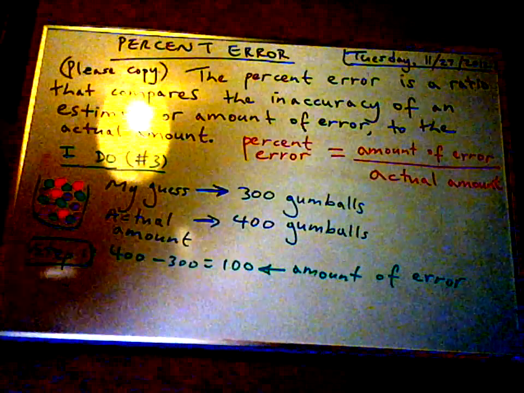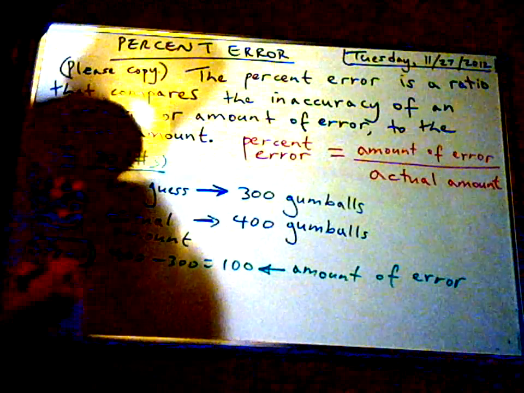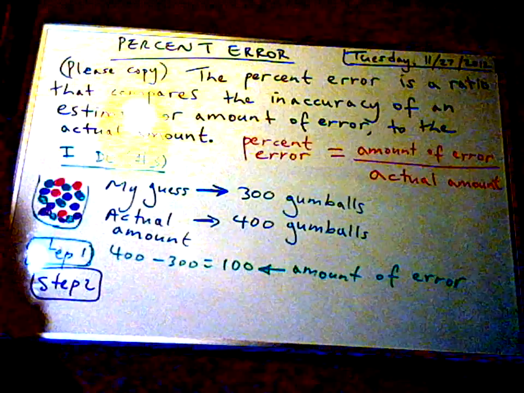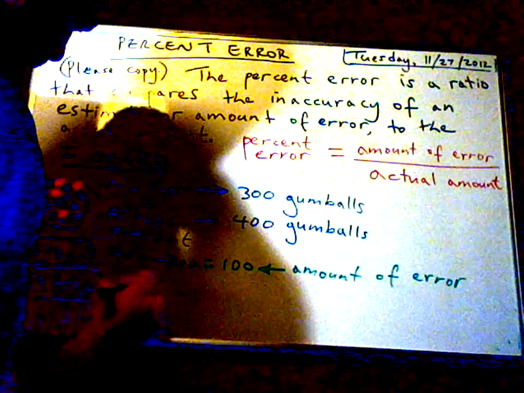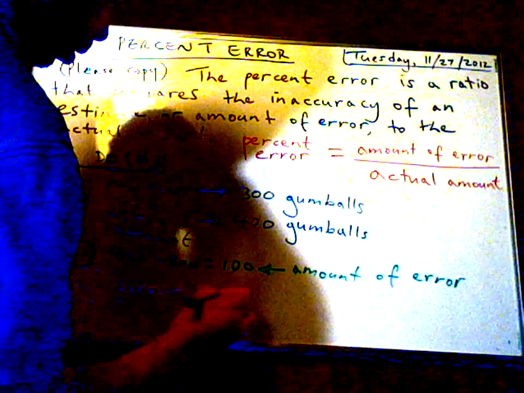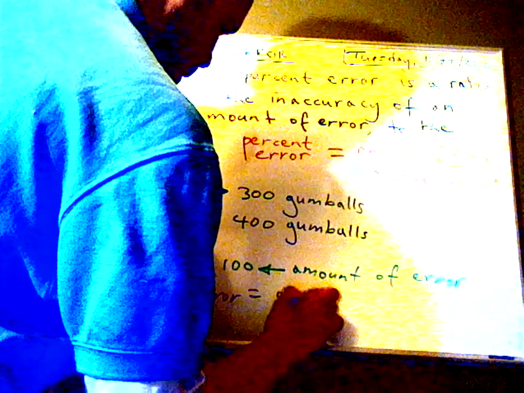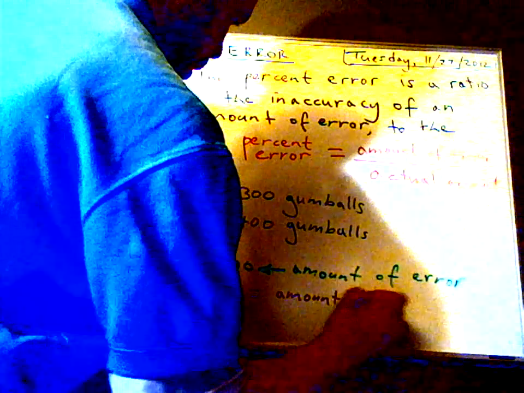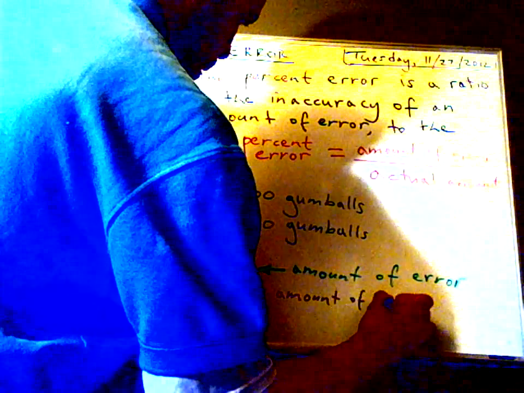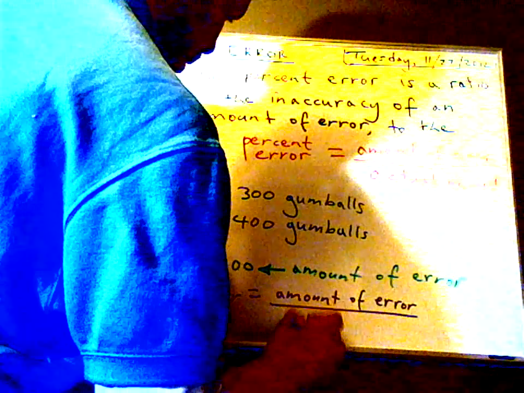And step 2, now I just have to use this information. So the percent error is going to just be equal to the amount of error over the actual amount.